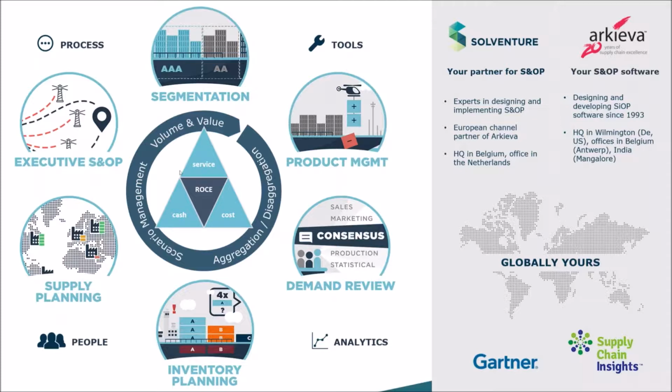At the center here, you find our supply chain triangle of service, cost, and cash. So the essence of S&OP and anything we do is balancing that triangle, because in our experience, companies struggle with that. And the reason to balance that triangle is basically a financial reason. If service is driving top line or sales turnover, then the combination of the service and the cost gives a margin.